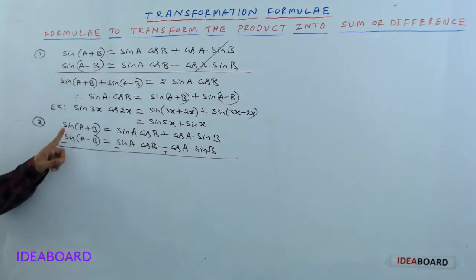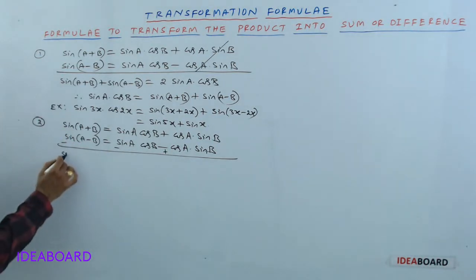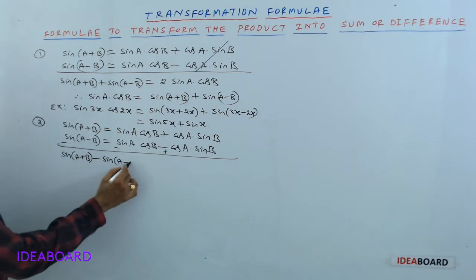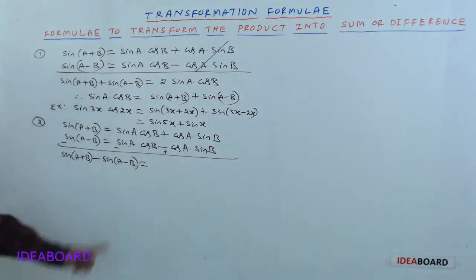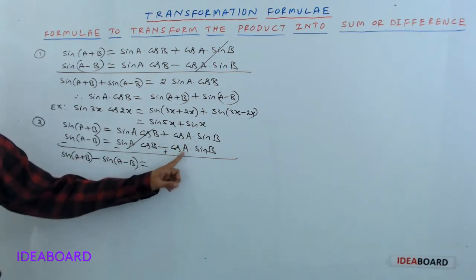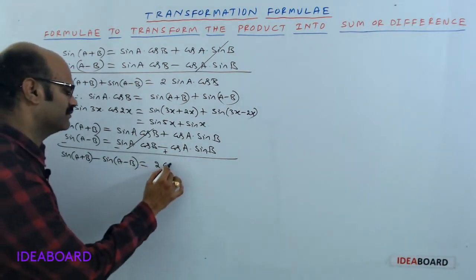Therefore, we have sin of A plus B minus sin of A minus B equal to, these two are cancelled, 2 cos A sin B.